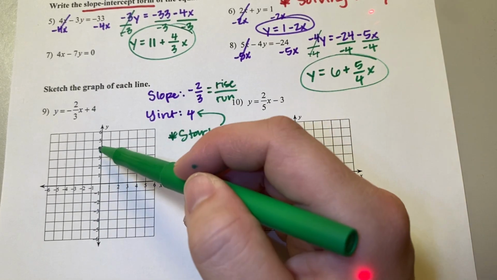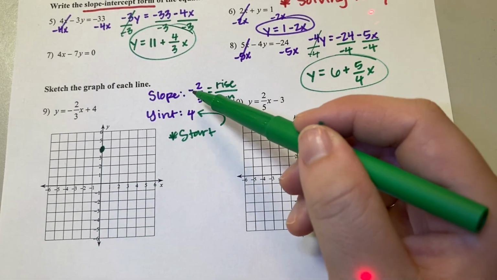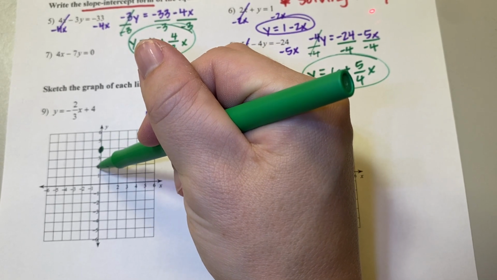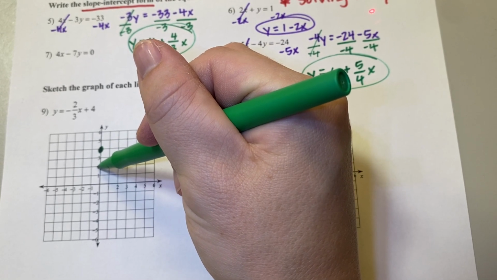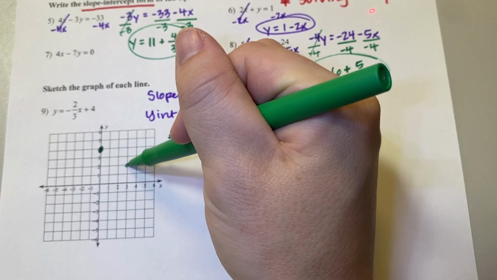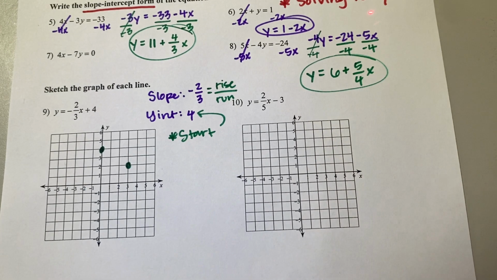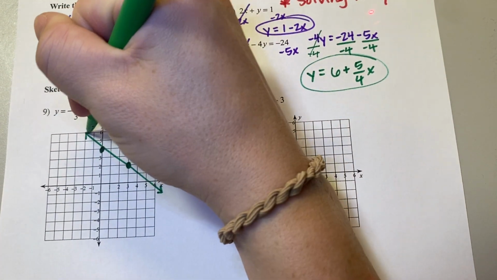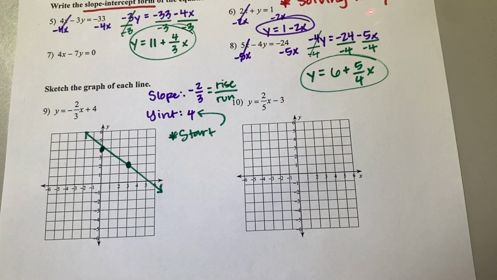It's a negative slope, meaning it has to go down and to the right. So we're going to rise 2, in this case negative 2, down 2, and run 1, 2, 3. Okay. Connect those 2 points, arrows at the end, and there you go. You're done.